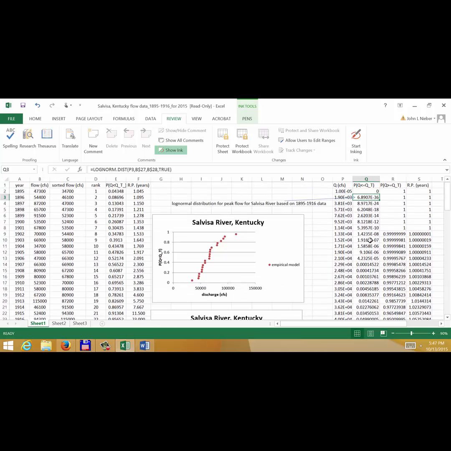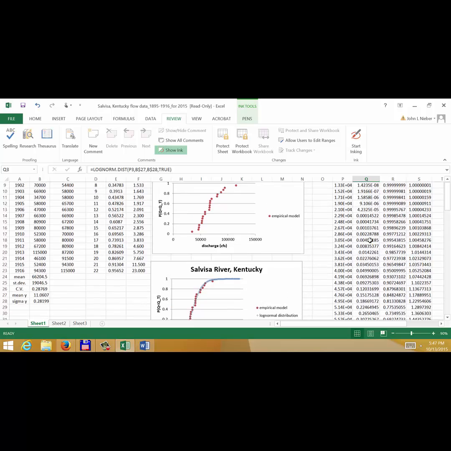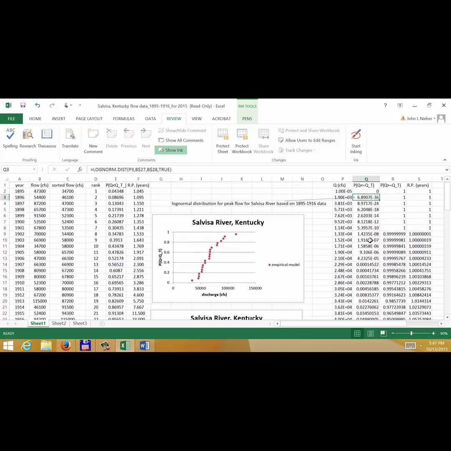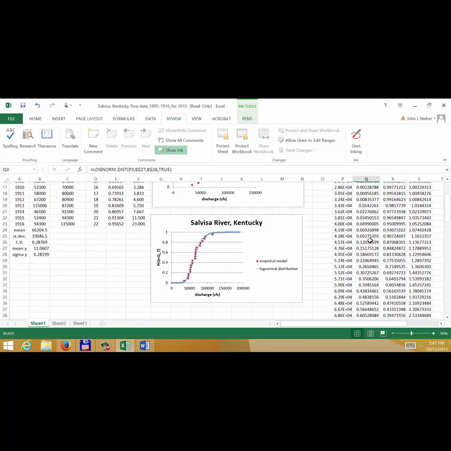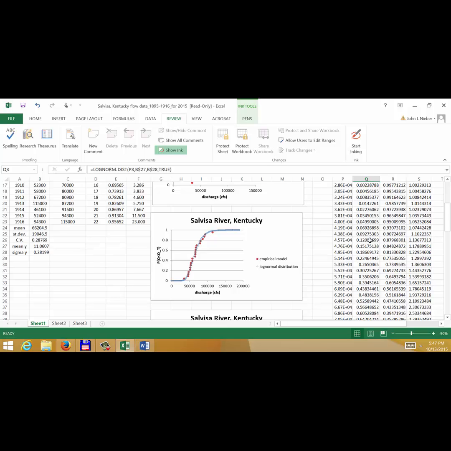Here we'll just ignore column R and column S because we really don't need to use those at this point. Now if I take the value of Q in column P and plot it against the value of P in column Q, it'll give me a graph which is essentially the same type of data as what we just plotted in the previous graph.